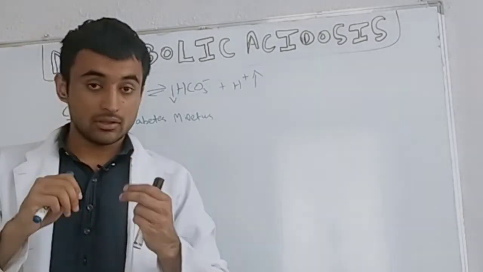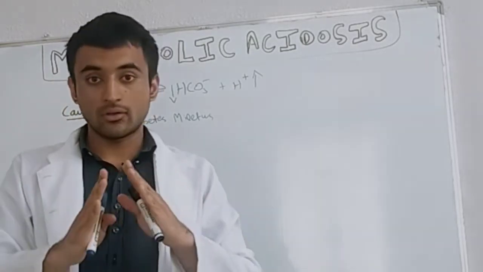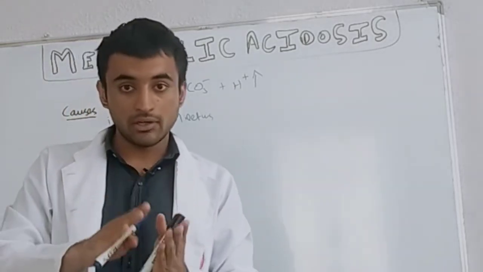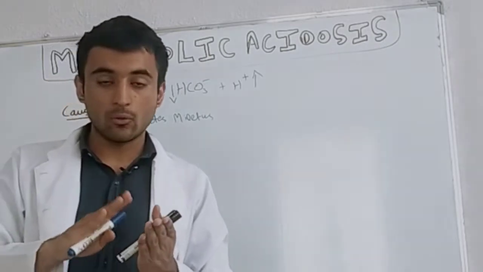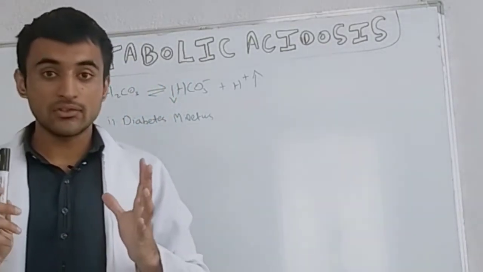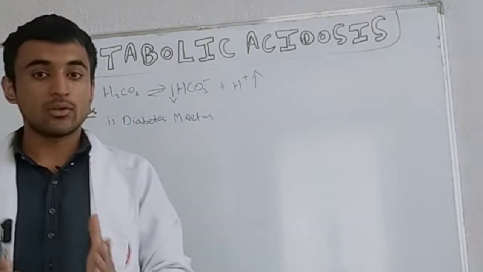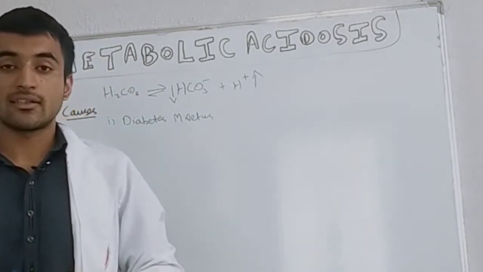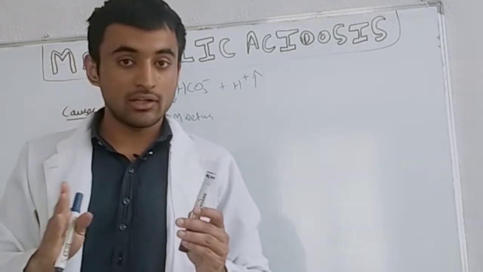So the potassium ions which are normally transferred into the cells from the blood would not be transferred. There would be a deficiency of potassium ions in the cells and an increased level of potassium ions in the blood.